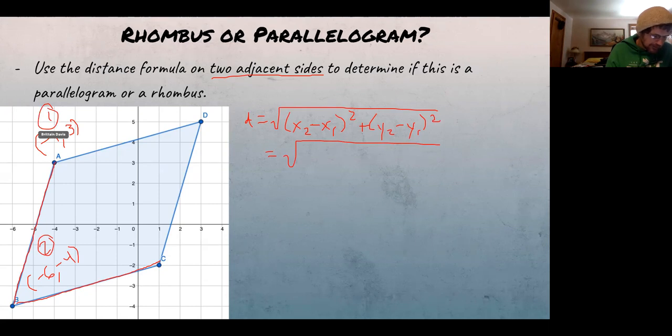So I'm going to get -6, because that's the x value for that second one right here, minus -4 squared plus -4 minus 3.